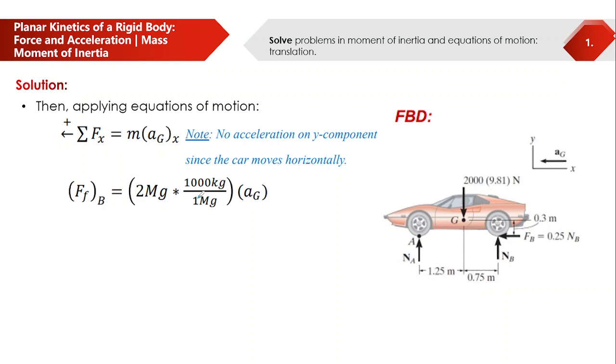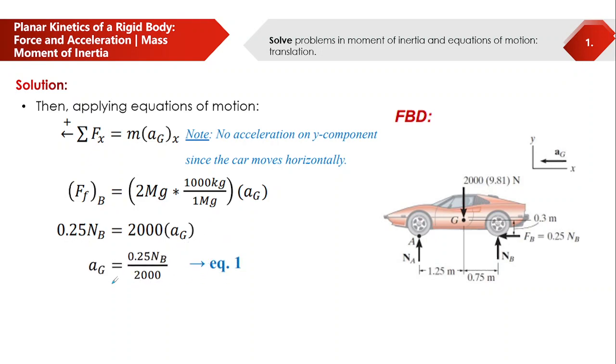So 2 megagrams has already been converted kanina sa given natin, but to show the solution on how: 2 megagrams times 1000 kilograms over 1 megagram. So 0.25 N sub B is equal to 2000 a sub g.